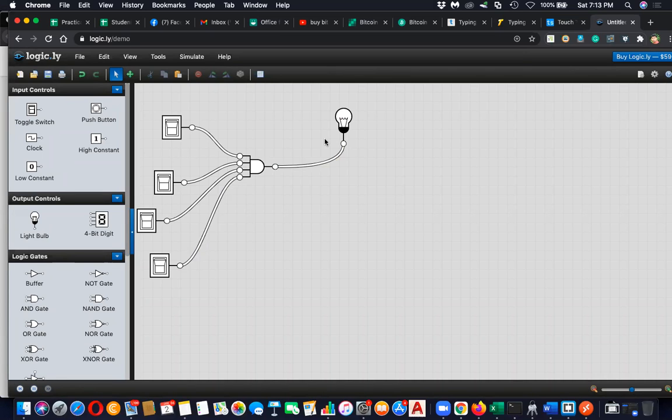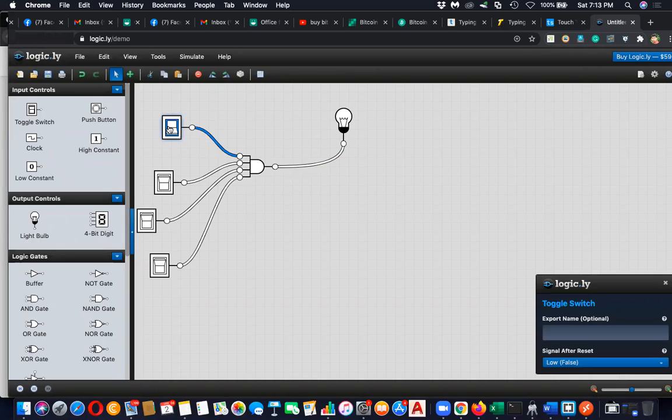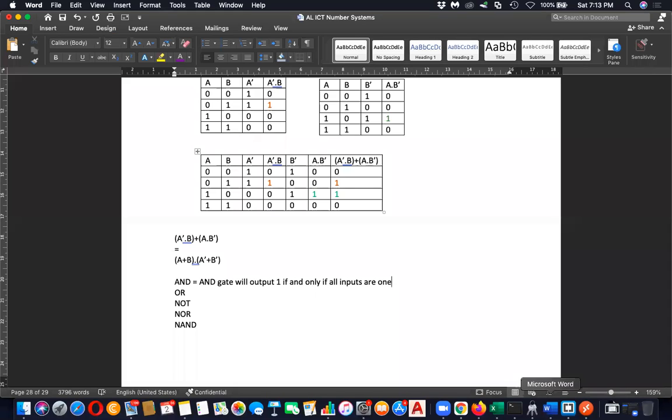I said now, if all are 1, this will output 1. So the logic of AND gate is this. Please write down, if you were not there in the last class. So this is the specialty, but anyway, I'll give the note. AND gate will output 1 if and only if all inputs are 1.